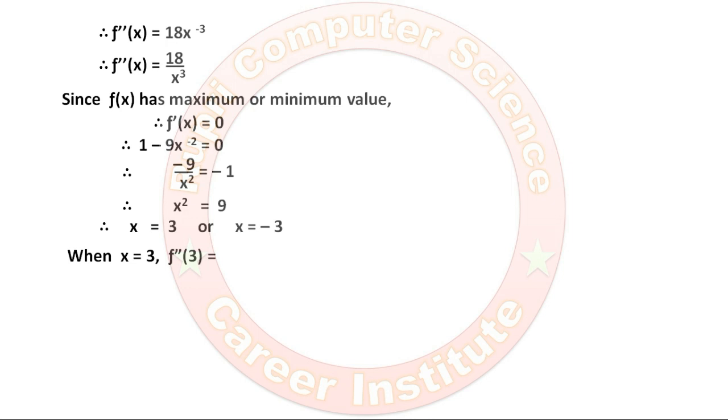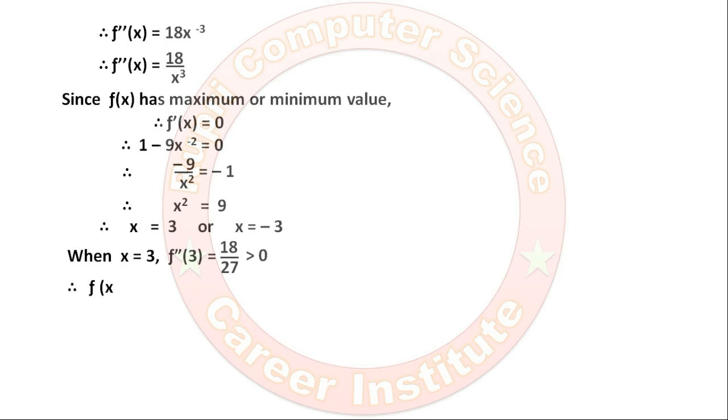That is 18 divided by 27, which is greater than 0. Therefore the function has a minimum value.